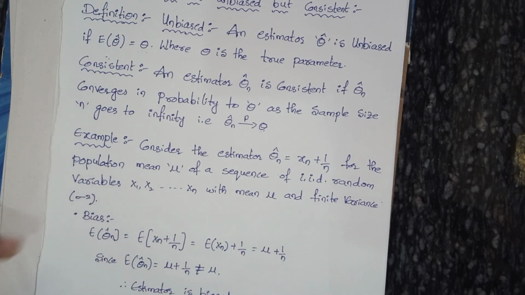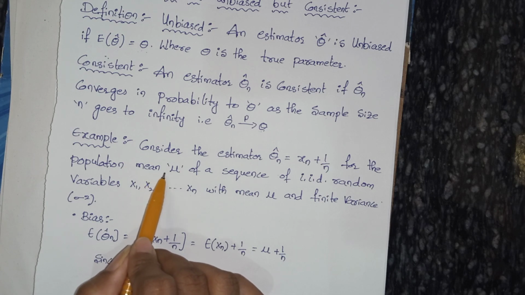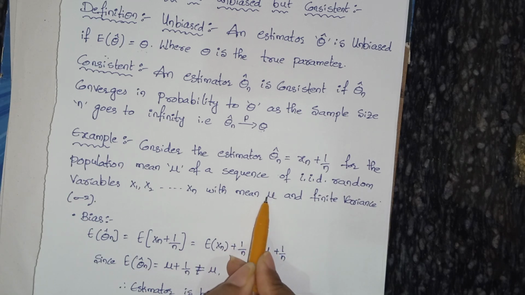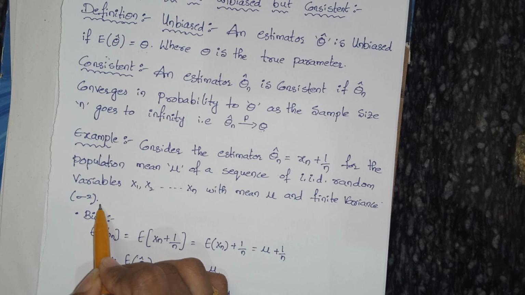There is one population with some observations, which are identical and independent, and their mean is mu and variance is sigma square.